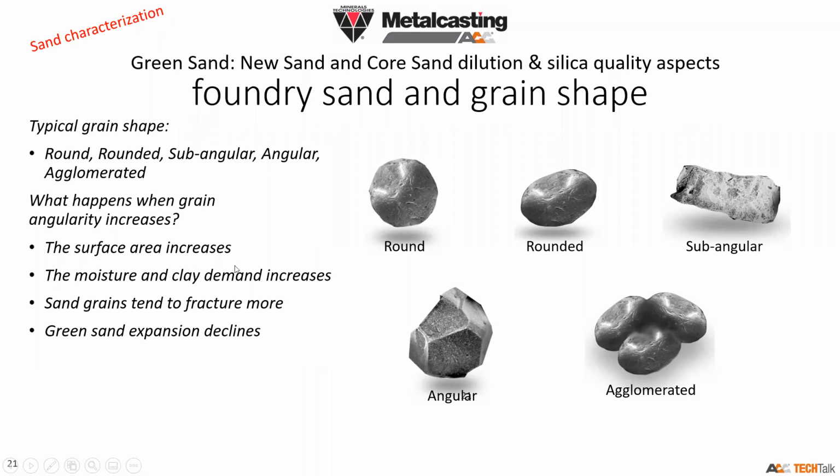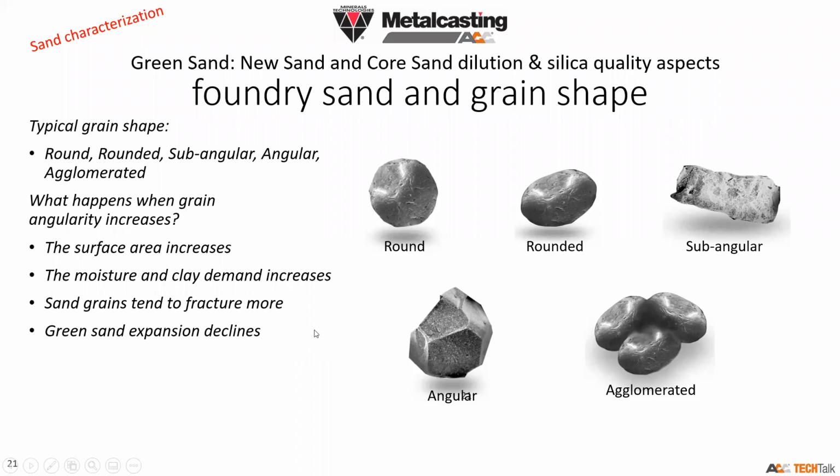Then the surface area increases. The moisture and clay demand also increase, and the same goes for resin demand for cores, because of the surface area. Sand grains also tend to fracture more, and green sand expansion declines.